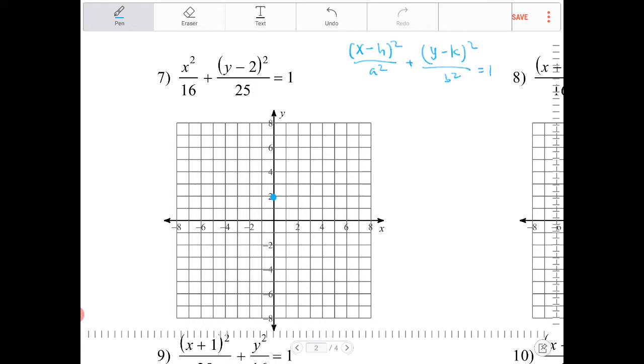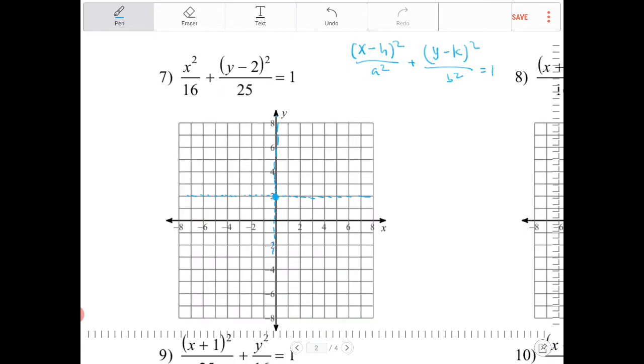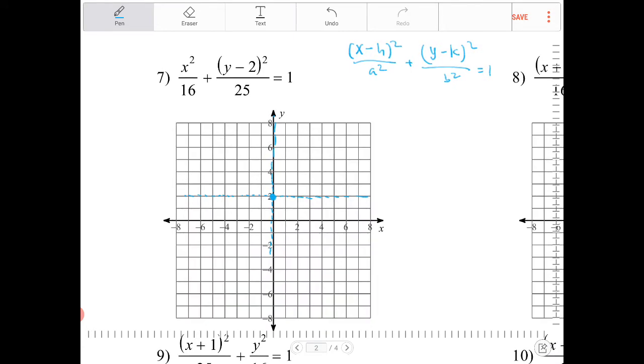So again, we can do something very, very similar. If you look at this, my horizontal and vertical axes are going to pass through 0, 2. So if I substitute in strategically y equal to 2 into there, then the whole second term on the left side of that equation will go to 0.